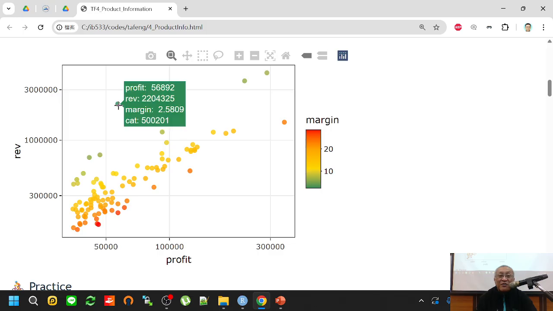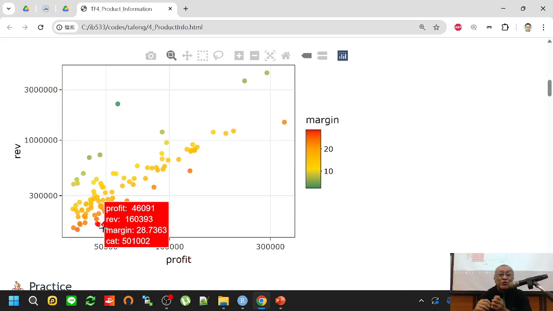And some of them are very low margin. The margin is only like 2.5%, which means that for every $100 you sell, you only earn $2.50, right? And for this product category, for every $100 sold, you will earn $28. Okay, so you would like to sell this product, right?